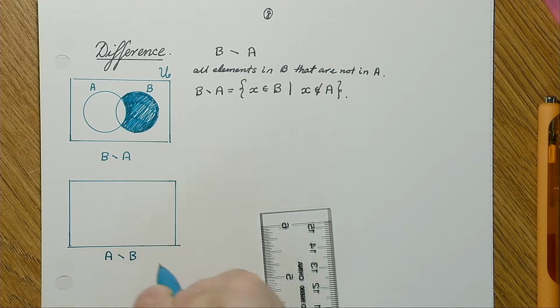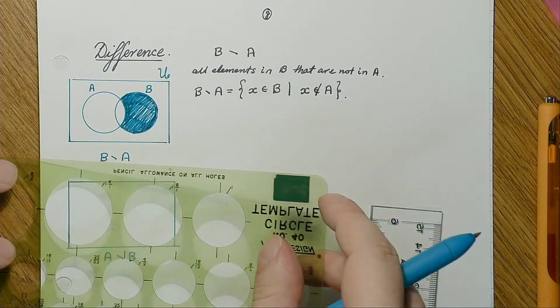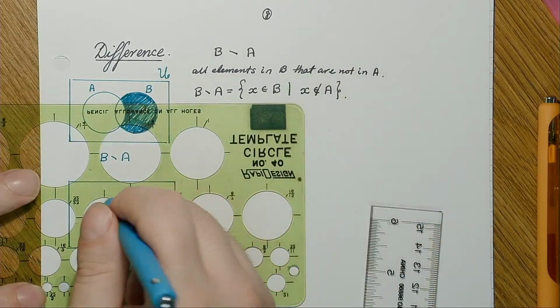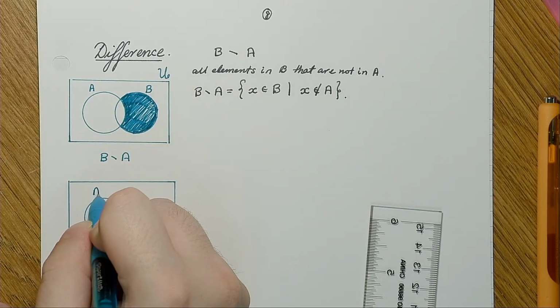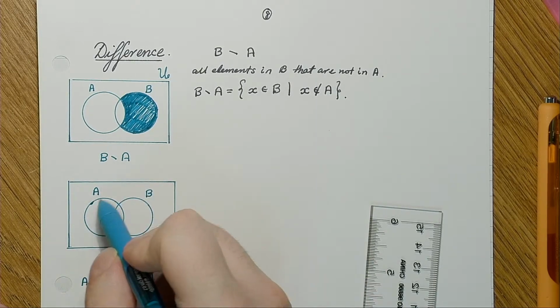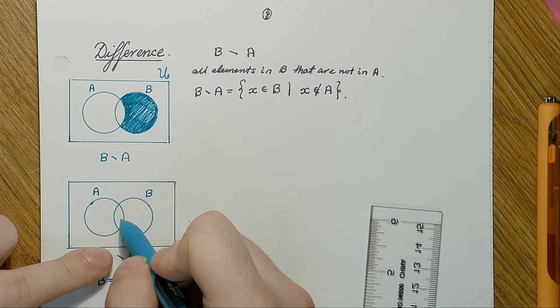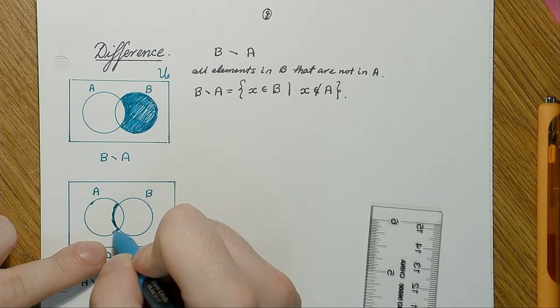So if you wrote A take away B, or A set minus B, over here this means that's all the elements of A such that it's not in B. So same idea. In this case, it would be all the elements in A, and we're going to take away the elements that are in B. So it just leaves us with the crescent shape, but with A on the A side.